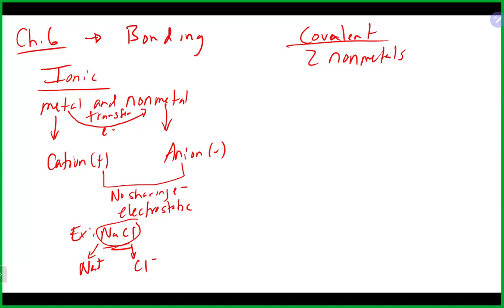So the problem arises when two nonmetals get together to make a covalent bond. Neither one is going to want to give up its electrons. So the best they can do is some type of sharing of electrons. As we'll talk about, the sharing can be equal sharing, or it can be unequal sharing. But there is some aspect of sharing going on.